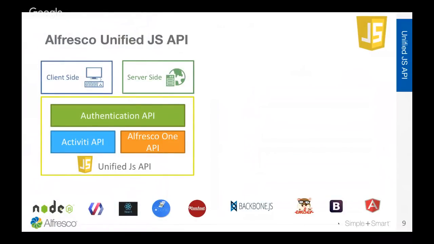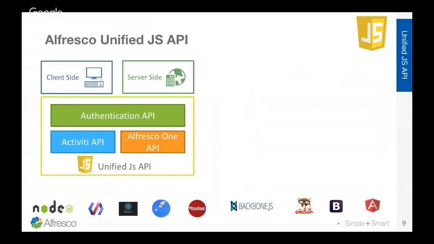It is really usable with any framework built on top of JavaScript. So if you want to use our Alfresco JavaScript API with Backbone, React, or Ember, we have examples of people that use our Alfresco JavaScript API to build mobile applications with Ionic. It is really suitable for any JavaScript framework.